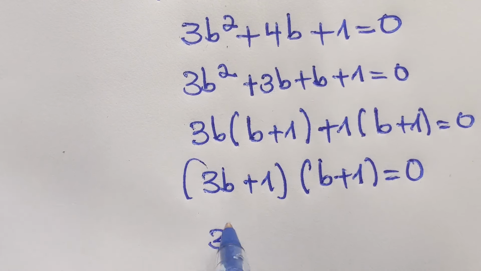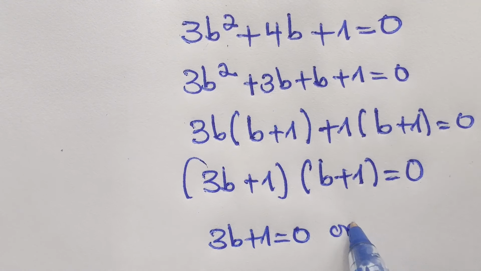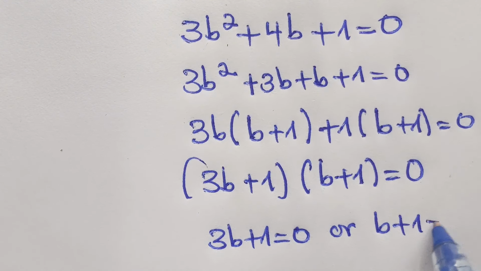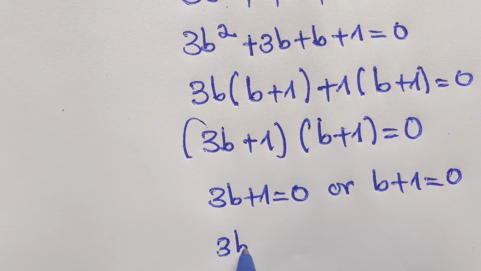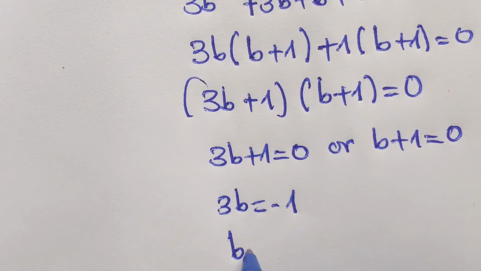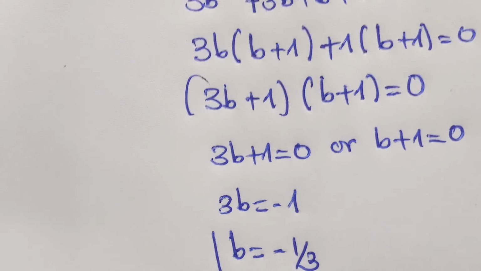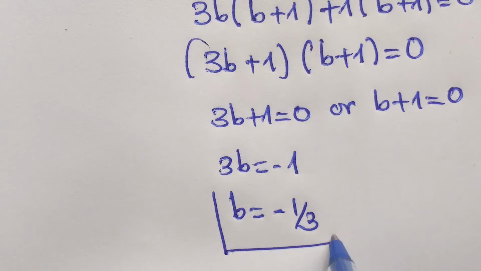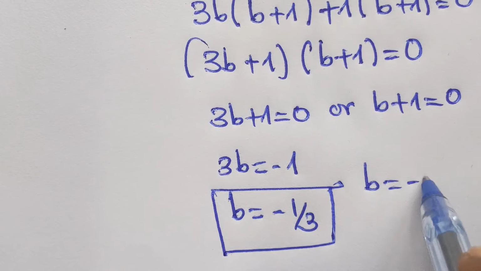Then we shall have 3b + 1 equal to 0, or b + 1 equal to 0. Okay, then 3b equal to negative 1, so b equal to negative 1 over 3, whereas right here b equal to negative 1.